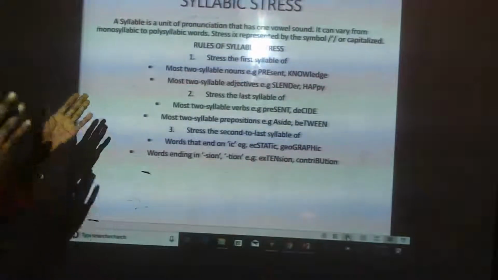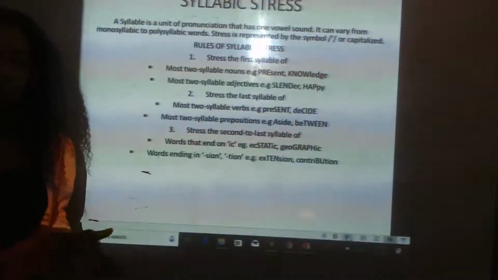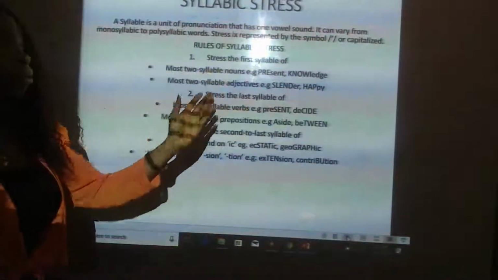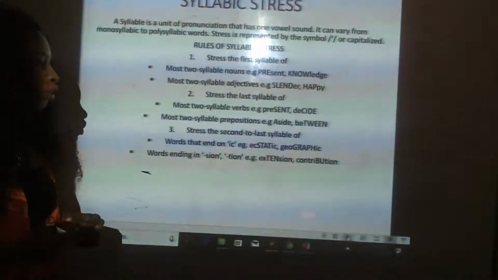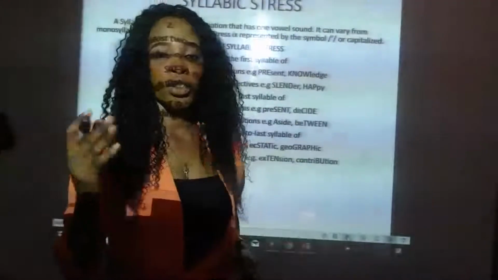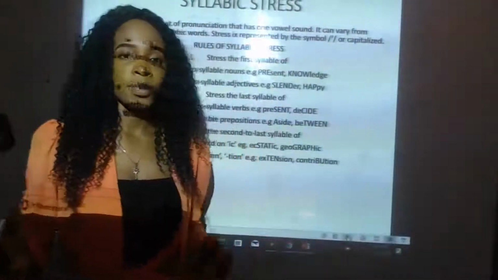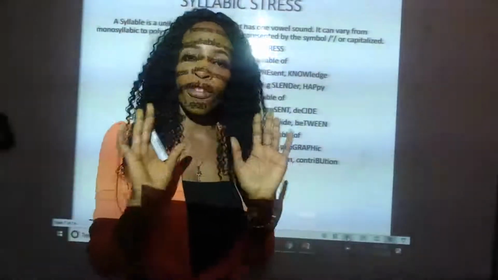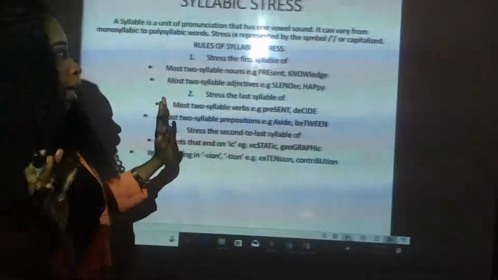For you to be able to break words into pieces, into tiny bits, you do that by using what? Your vowel sound. For example, the word education. It has how many syllables? 4 syllables. Why?